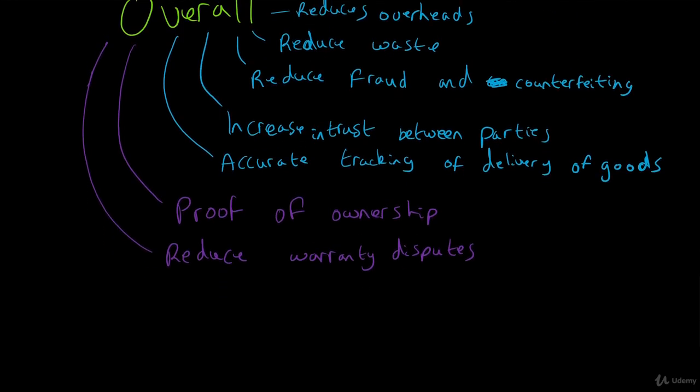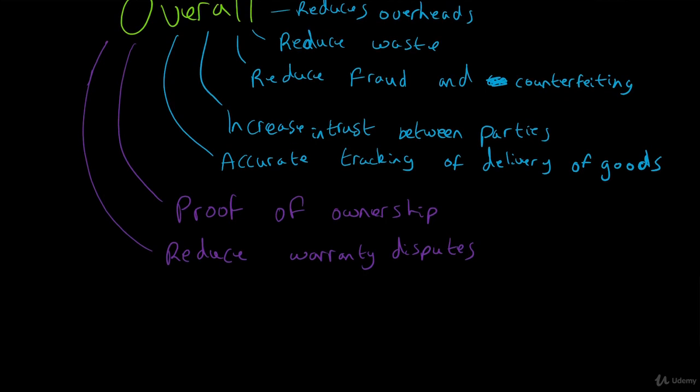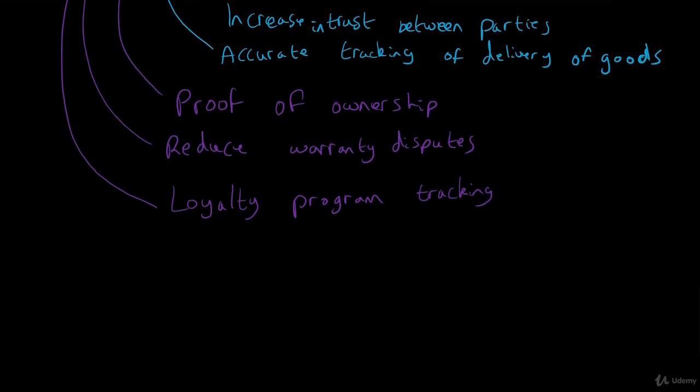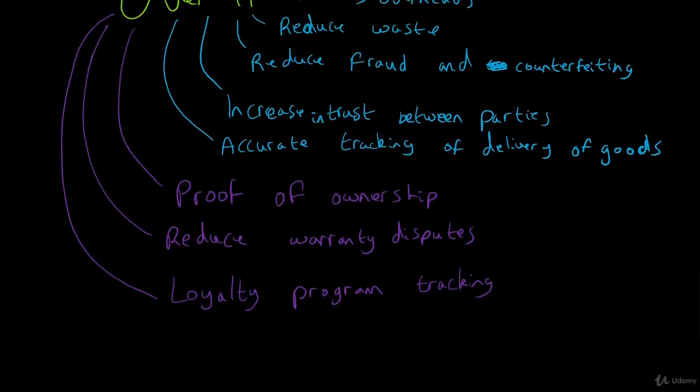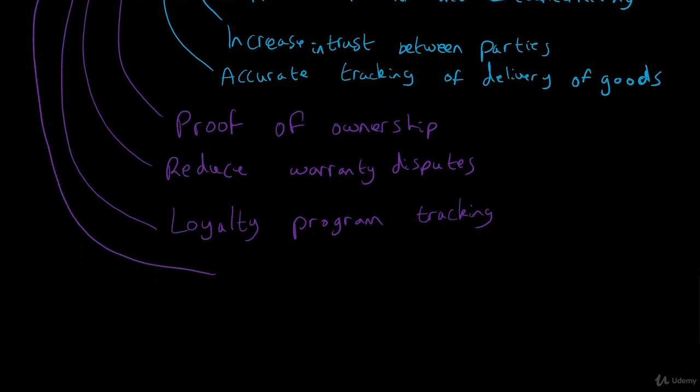So that is another cool thing, you'll help reduce warranty disputes. So many companies have some sort of loyalty-based system, and you'll basically provide a more accurate way of tracking loyalty points. I just have two more points that I want to cover now.